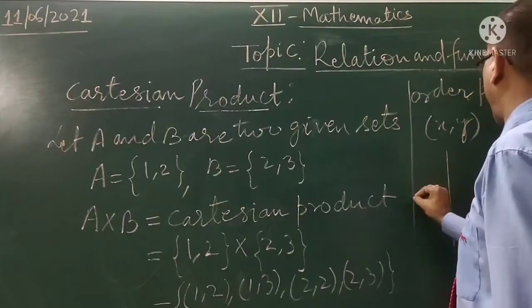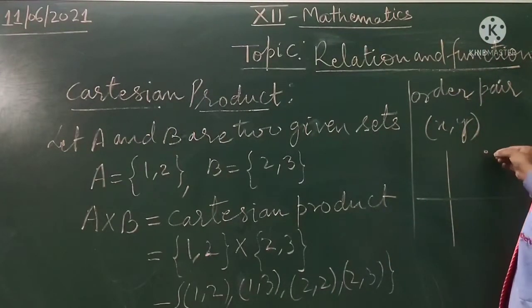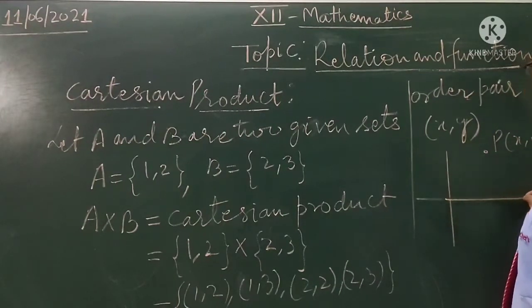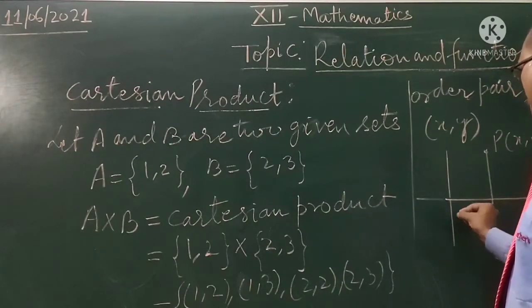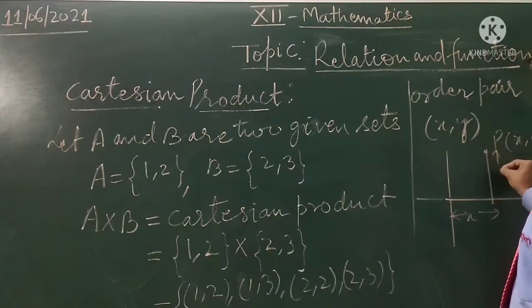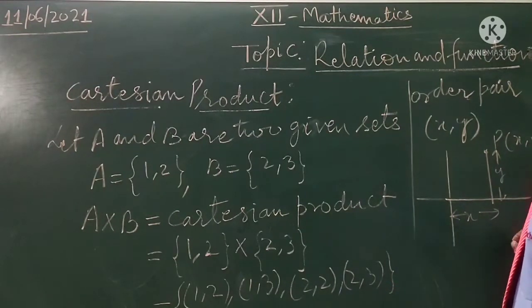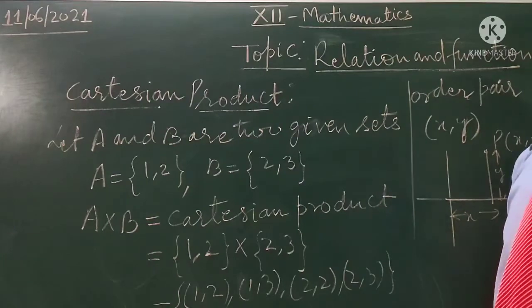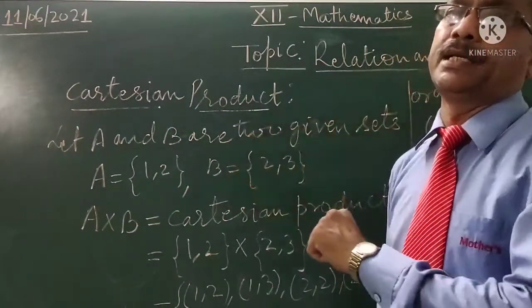Let there is a point P, its coordinate (x, y). Then x is called abscissa and y is called ordinate. So it is the same thing. Ordered pair is the coordinate of the point in two-dimensional geometry.